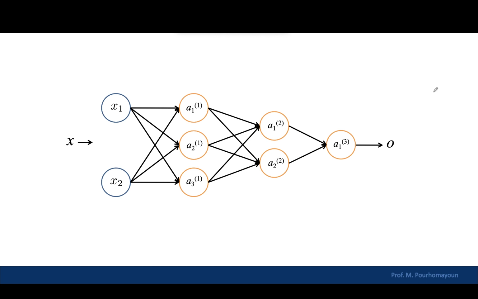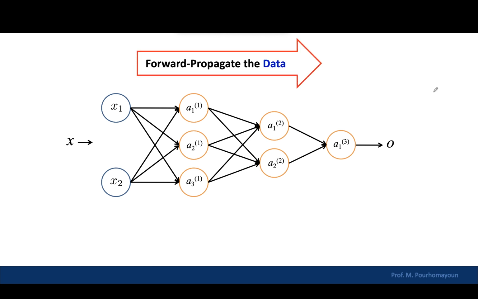So look, this is the network. This is my network. I provide an input data, training data. I forward propagate the input data into the network, and I'm here now. I have some outputs based on this input data and these random weights, whatever the weights are.